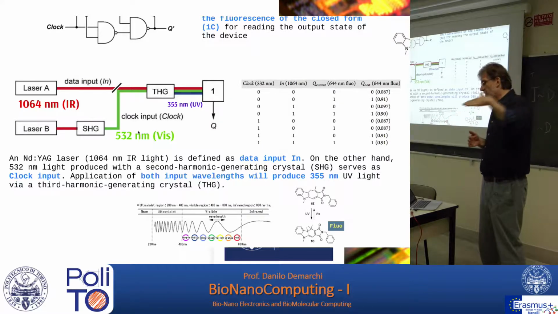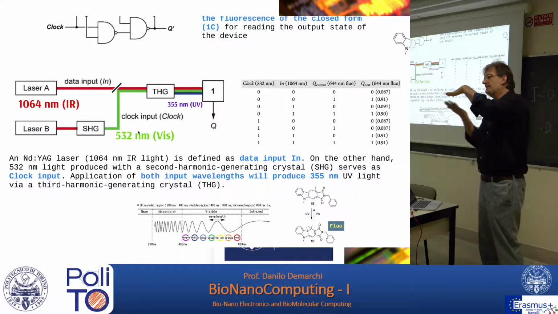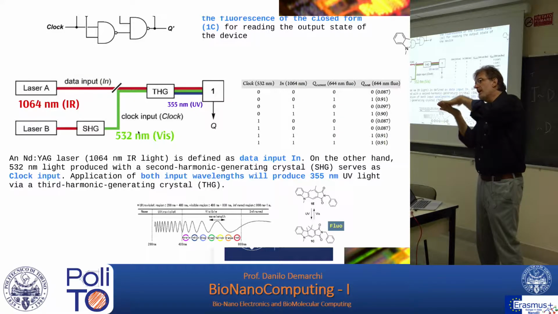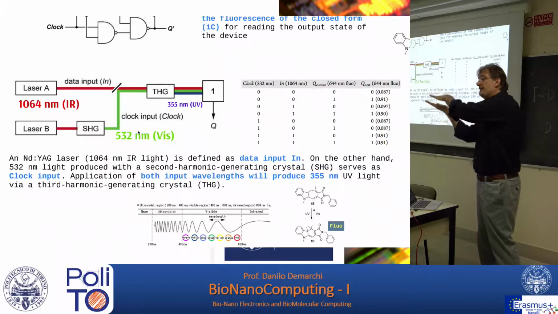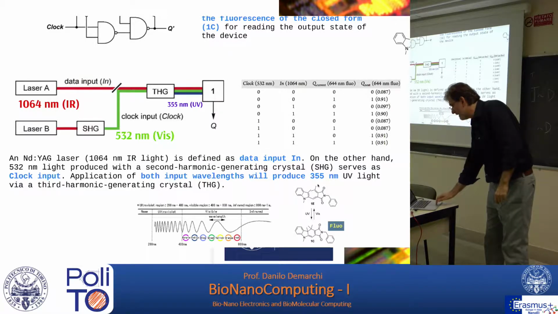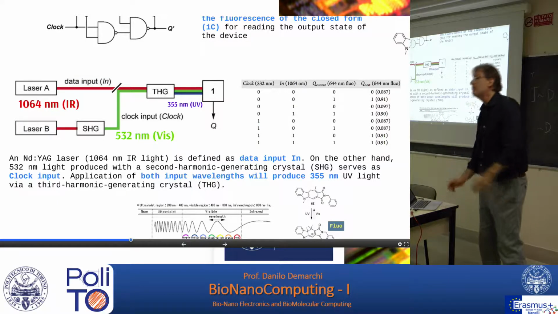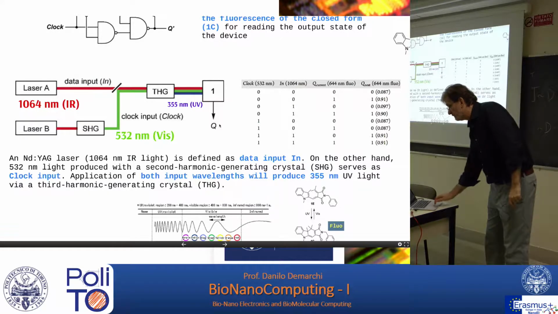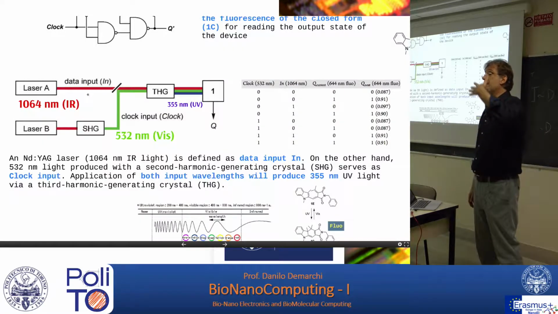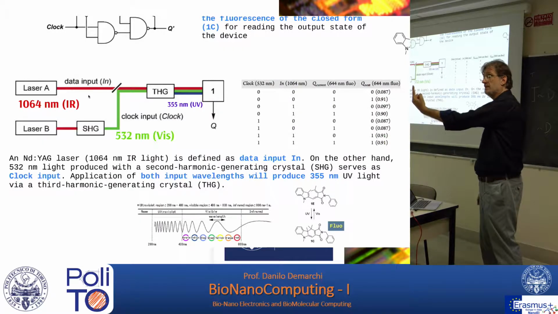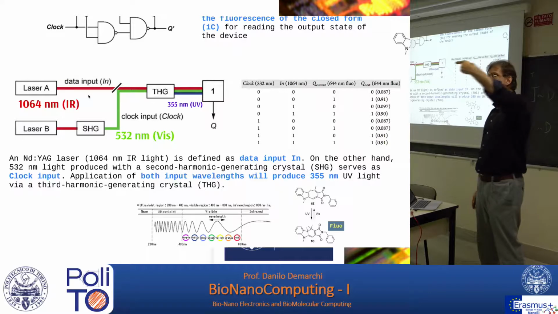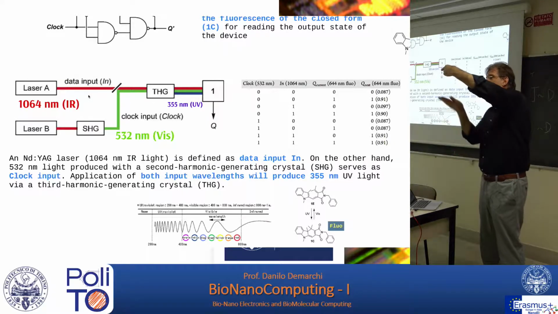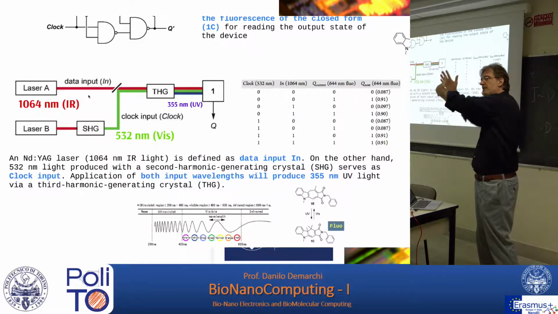I now have the infrared light plus the visible light. The ultraviolet is generated, so the ultraviolet stimulates my molecule, which becomes fluorescent. The input, if I have the infrared, is 1. So I have 1 as input, the clock arrives, and in output I stimulate a fluorescence, and so fluorescence means 1.